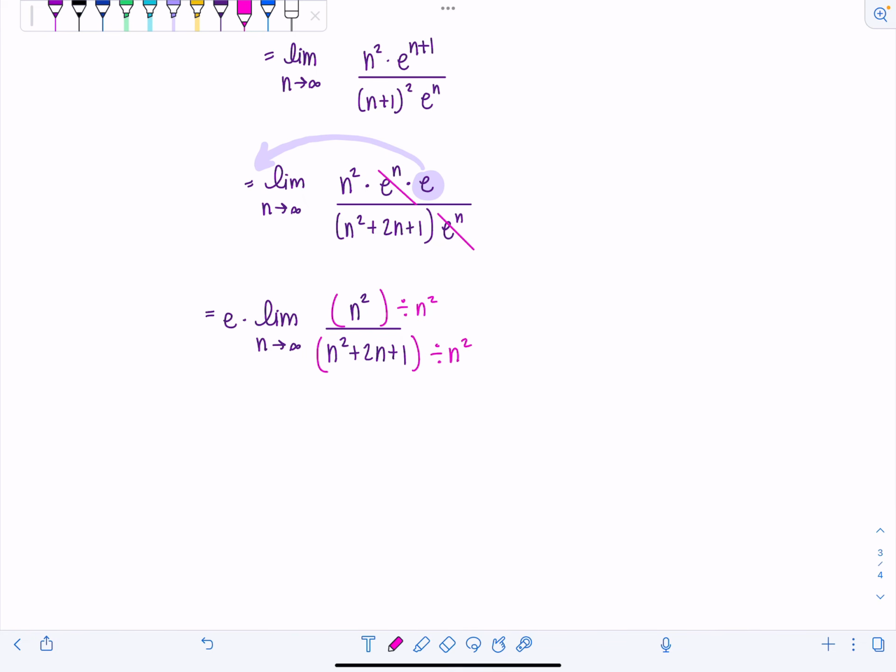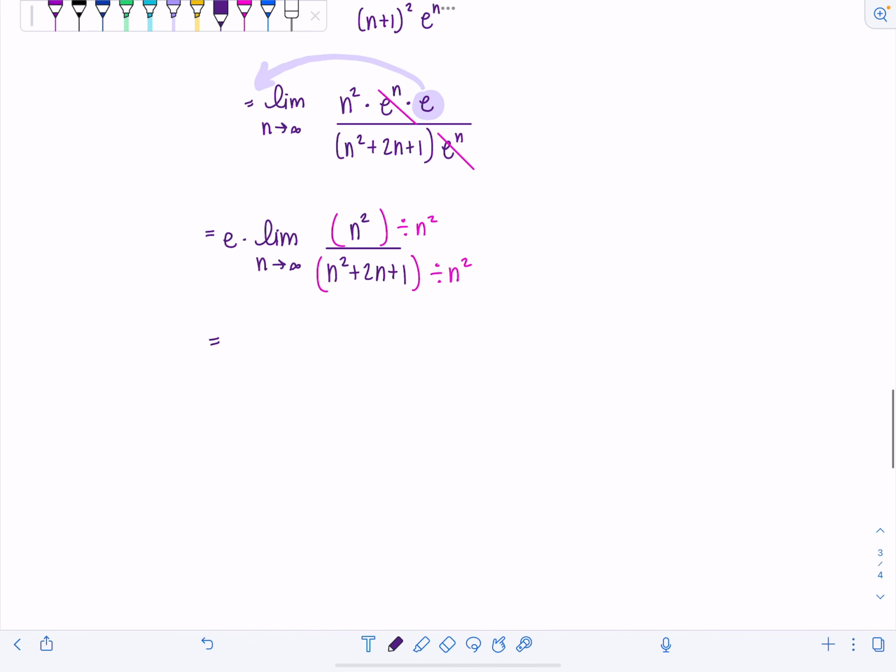And then we've got e times the limit as n approaches infinity of 1 over 1 plus 2 over n plus 1 over n squared. All right, and now we're home free. These two terms go to 0 in the denominator. All I'm left with is e times 1 over 1, which is e.